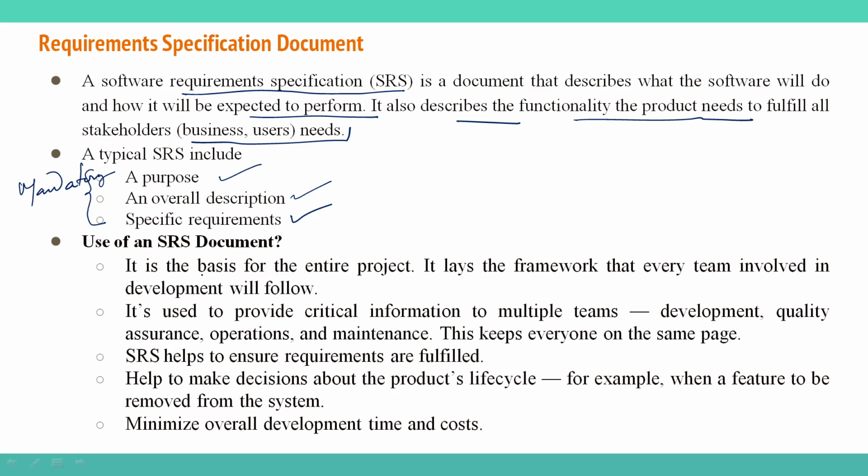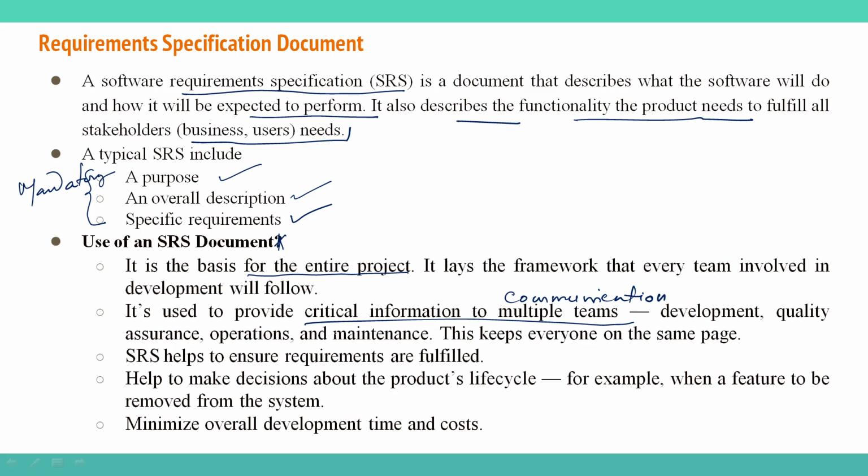So why use an SRS document? It is the basis for the entire project. No explanation required. It is used to provide critical information to multiple teams. That is, it is used for communication between groups or stakeholders or anybody.